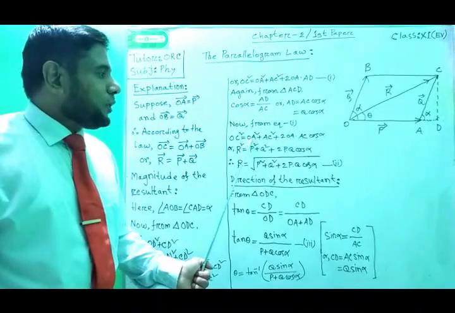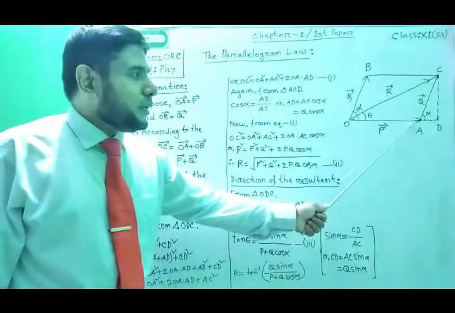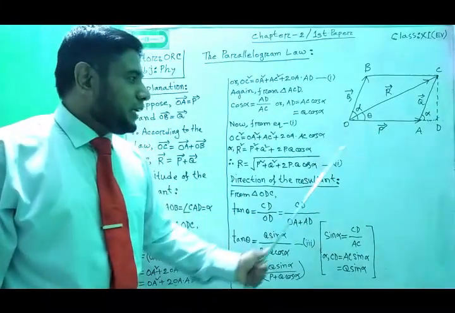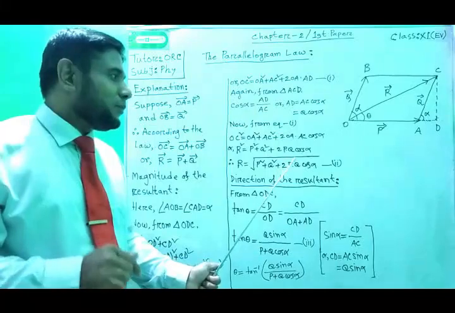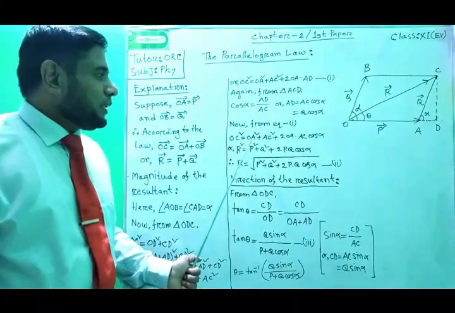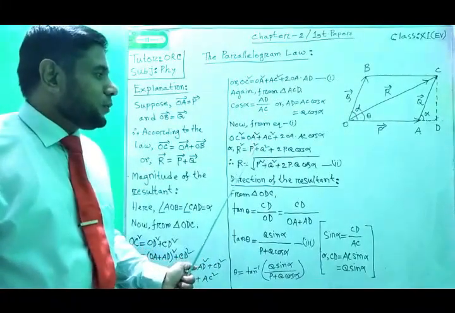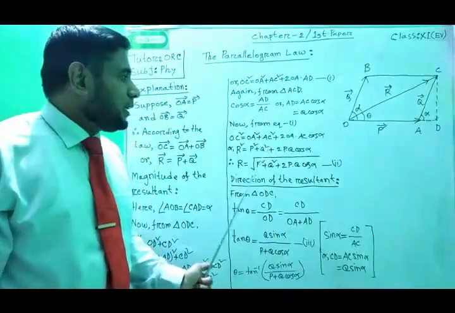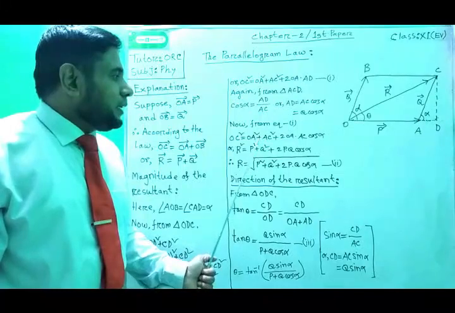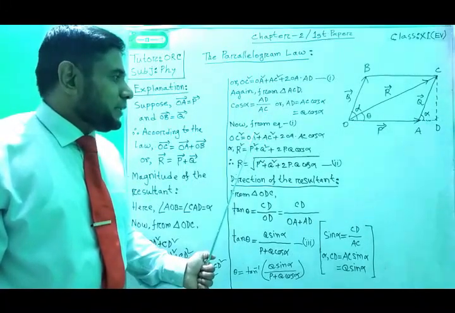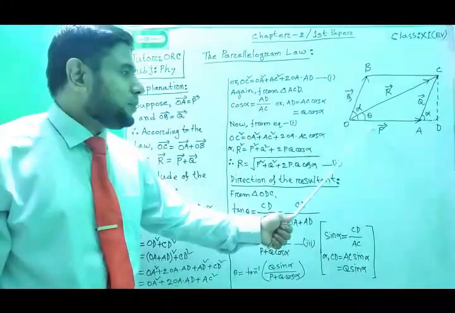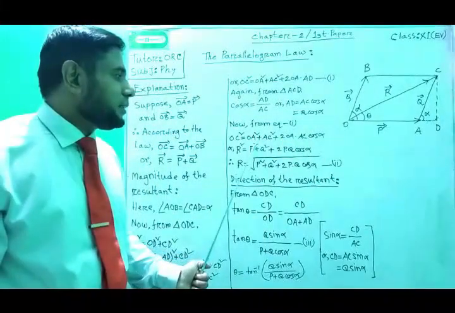Along with side OA, vector P is acting, and as we take the magnitude, in the place of OA we will write P, and then square.